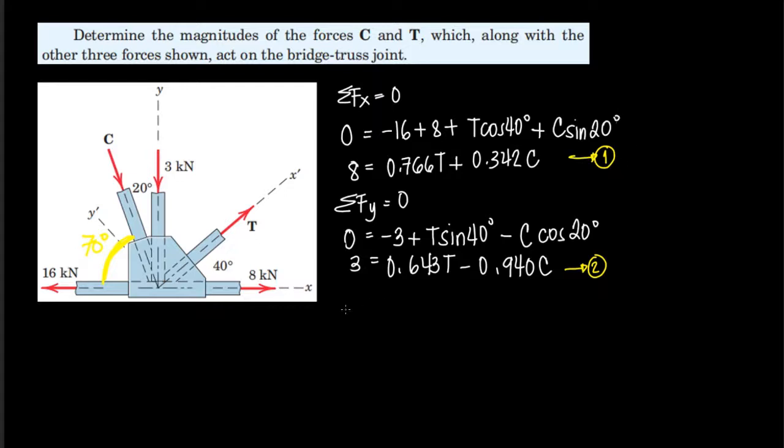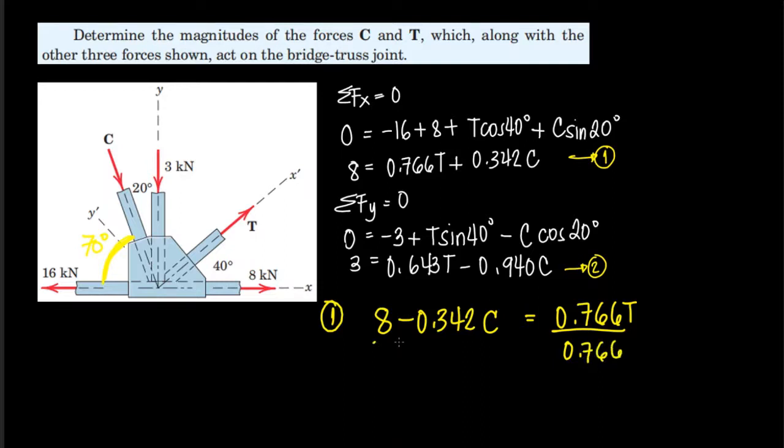So, from number 1, 8 is already there. 0.342c, I'll transfer it. And then, I am left with 0.766t on this side of the equation. Now, for t only, I can extract it by dividing everything by 0.766. So, cancel. T is what's left.